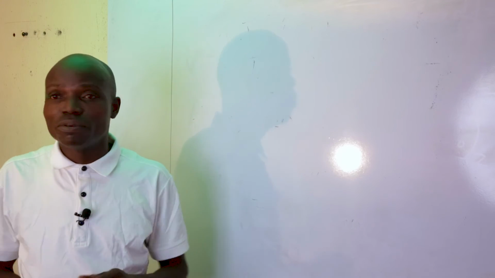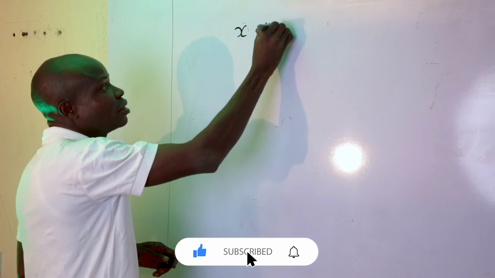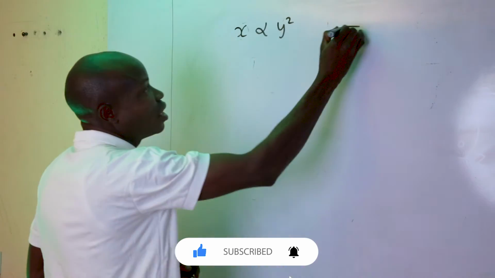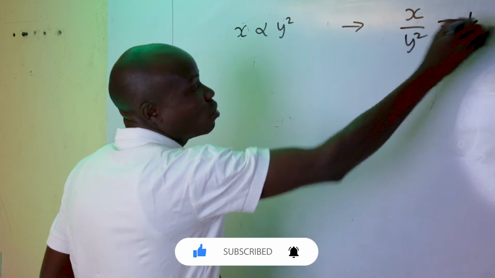You have to take note of something here. Understand that this is an objective question. There is no need showing the details of the solutions. And here, since x varies directly as the square of y, we have to understand that the quotient of the two variables will give us a constant, which means that x varies directly as the square of y implies that x over y squared equals a constant.